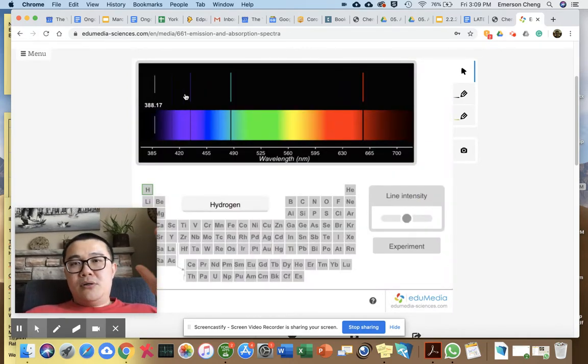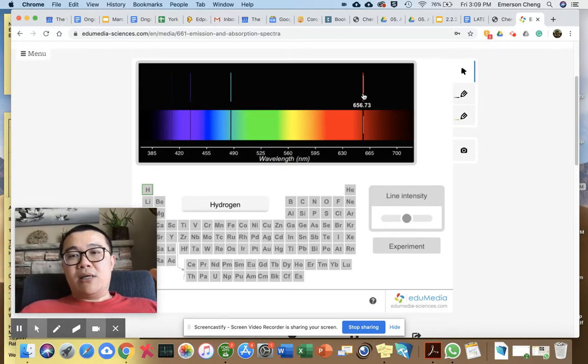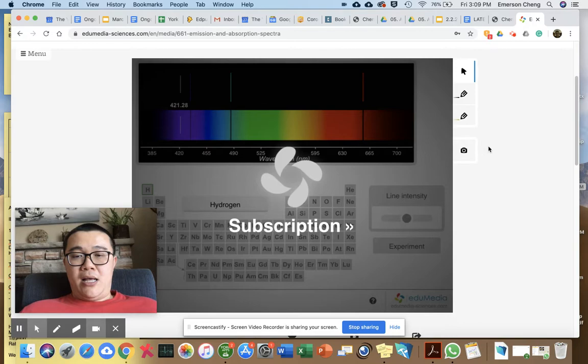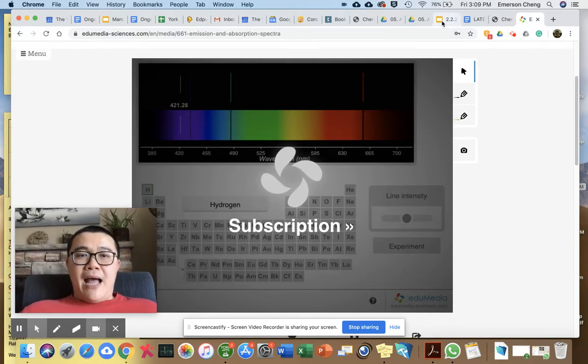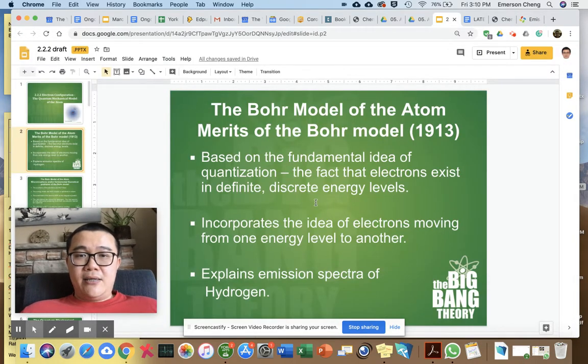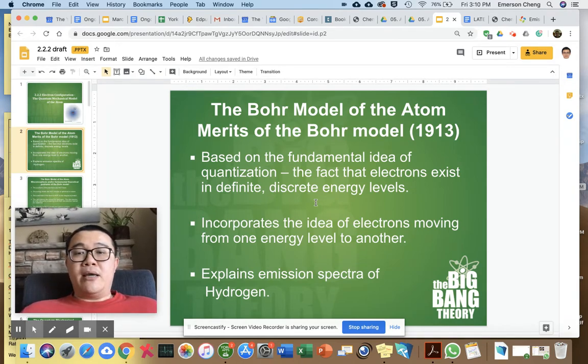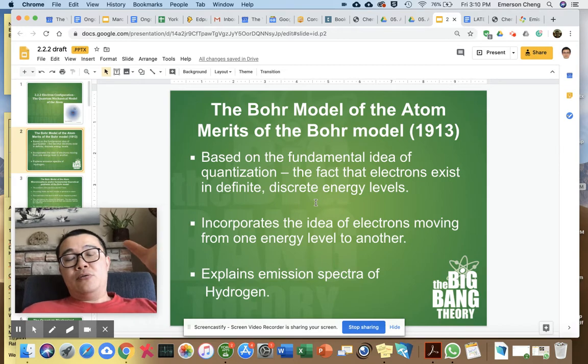One of the good things about the Bohr model is that we have these readings of different wavelengths, the emission spectrum. So how does it help us understand what the atom looks like? The merits of it is that it helps us based on that.